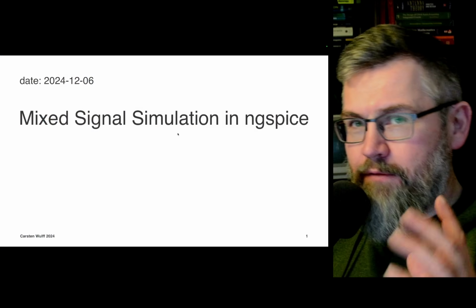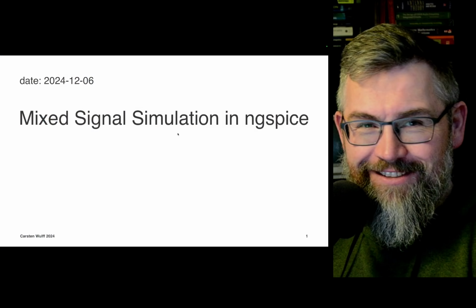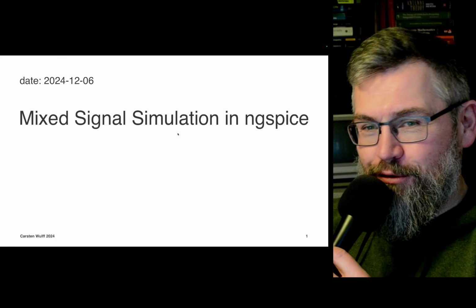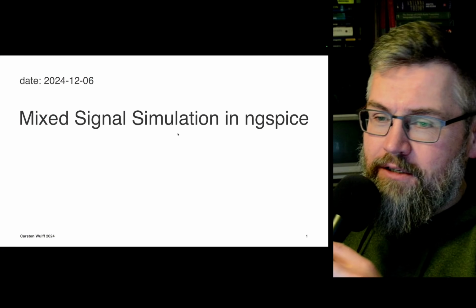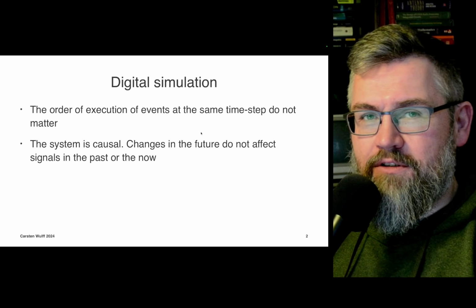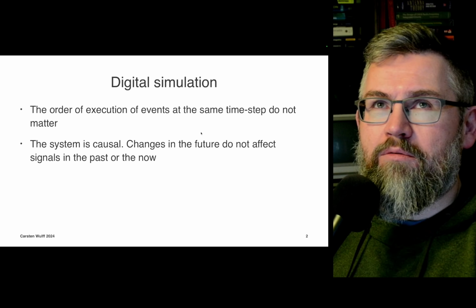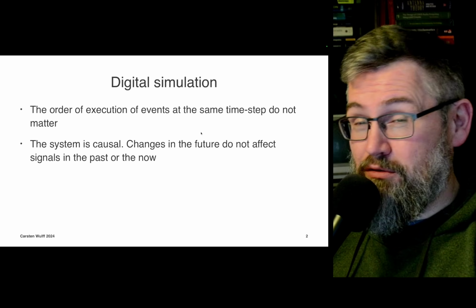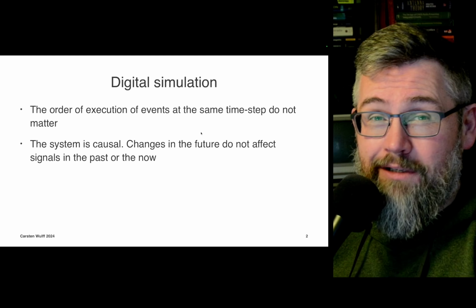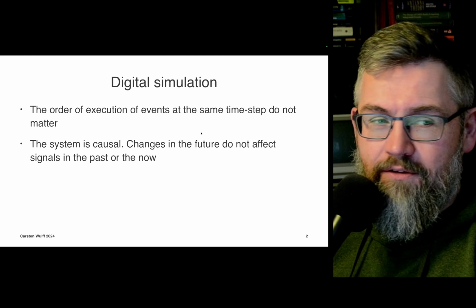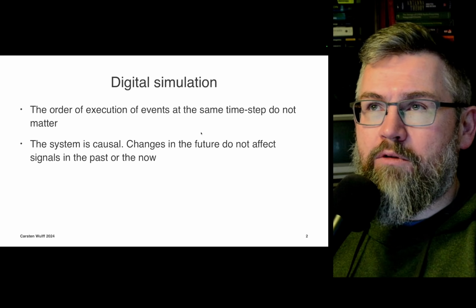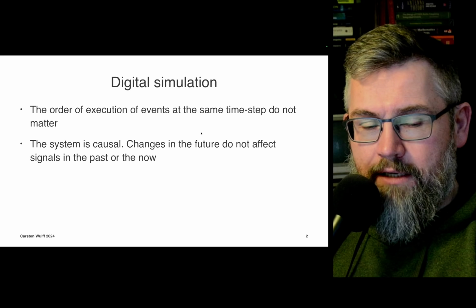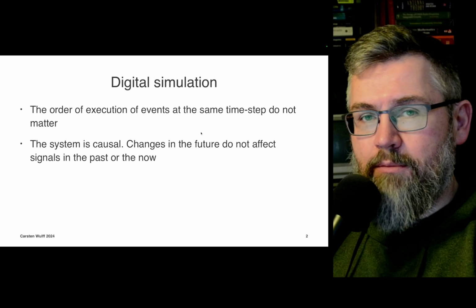First of all, if you don't know much about spice simulation or things like that, I think it makes sense to go through a few details. When it comes to digital simulation, the reason we can do ultra big complex processors and GPUs and the fantastic things we've been seeing over the past 50 years is because we've been able to simplify simulation of complex systems through what we call digital simulations.